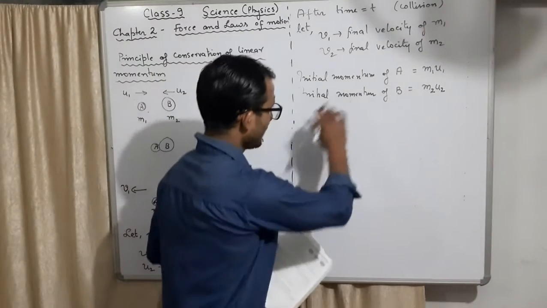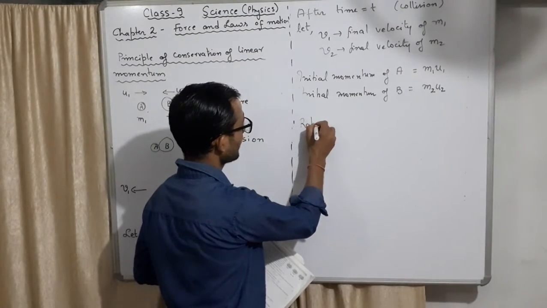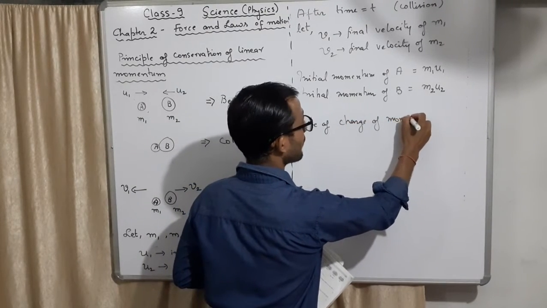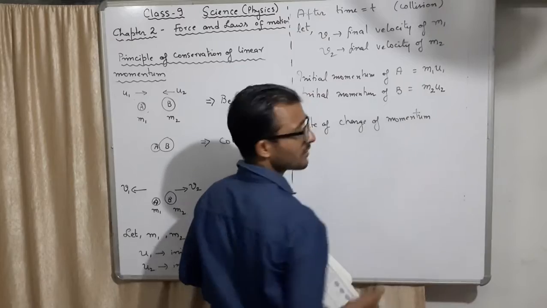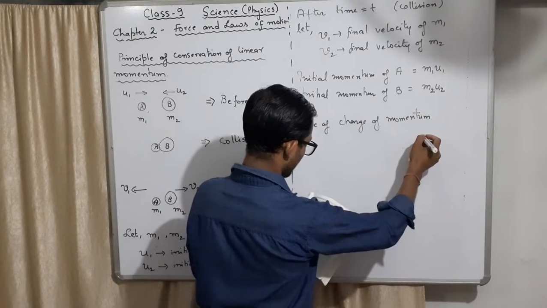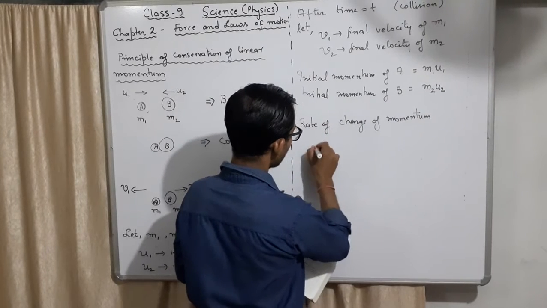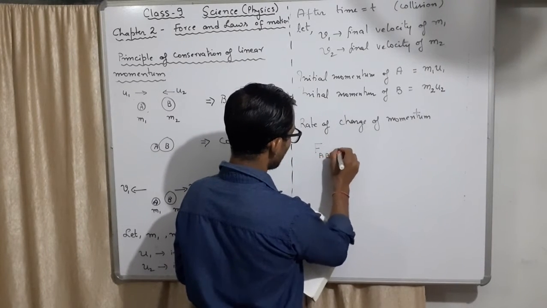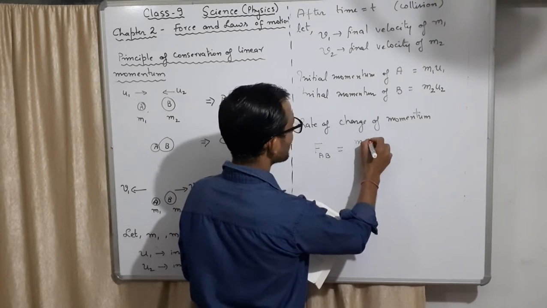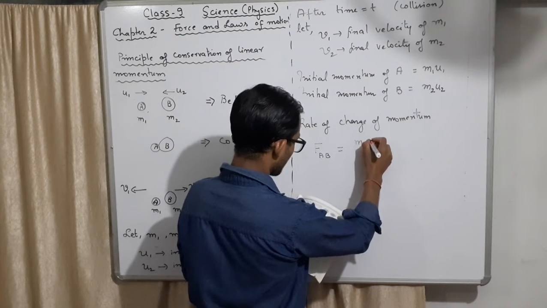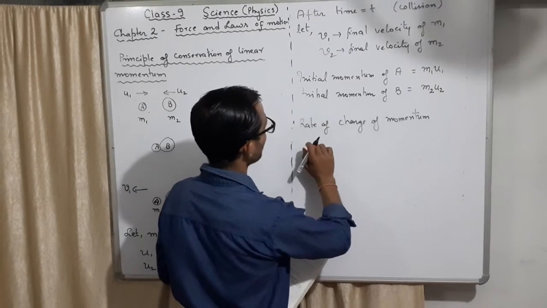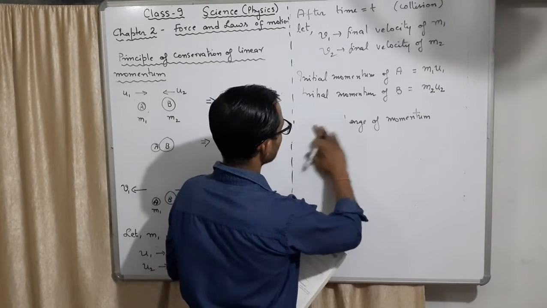Now here, on the right, is the rate of change of momentum. Why did I write this? Because we know this from the second law. What is the rate of change of momentum? Just this.